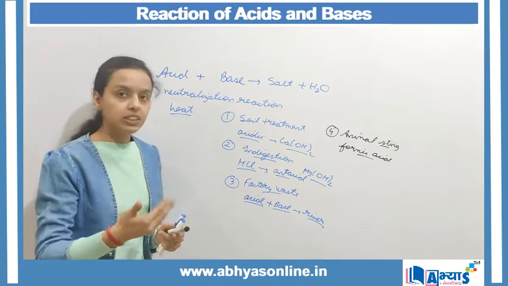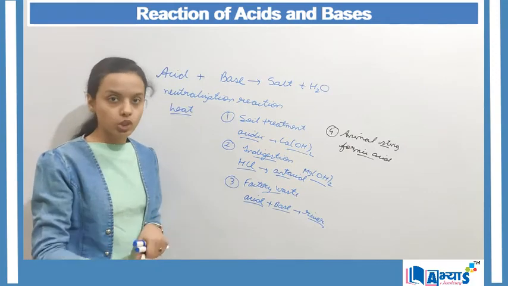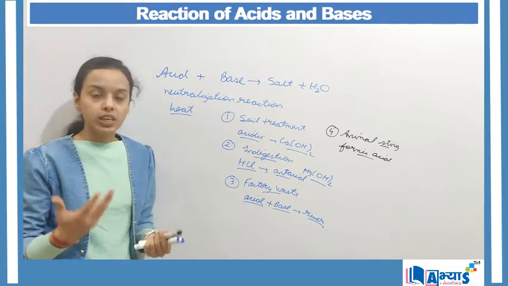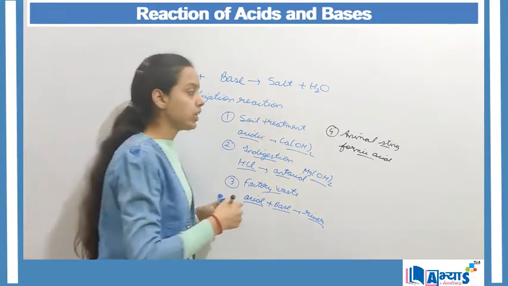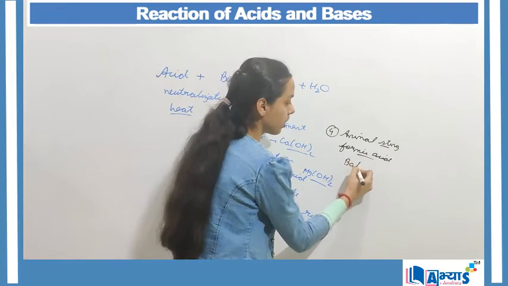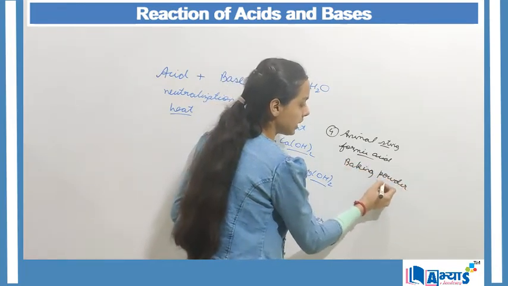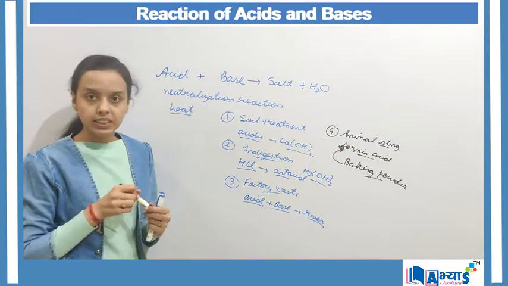When this acid enters your body, it causes pain and irritation. So it is generally said that we should apply a base over that area. That base is generally baking powder. Baking powder is found in homes, and as it is easily available, it can be applied to the formic acid to neutralize this effect.